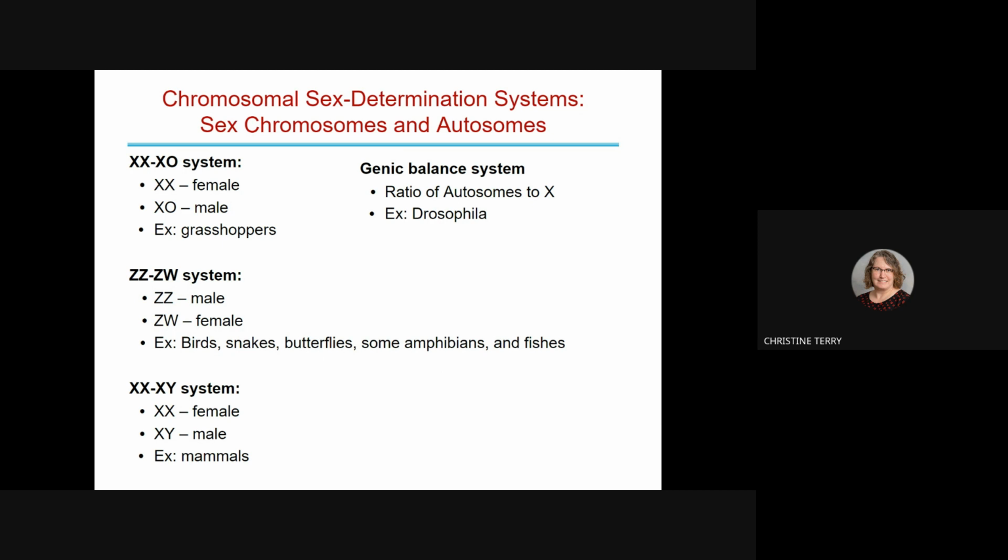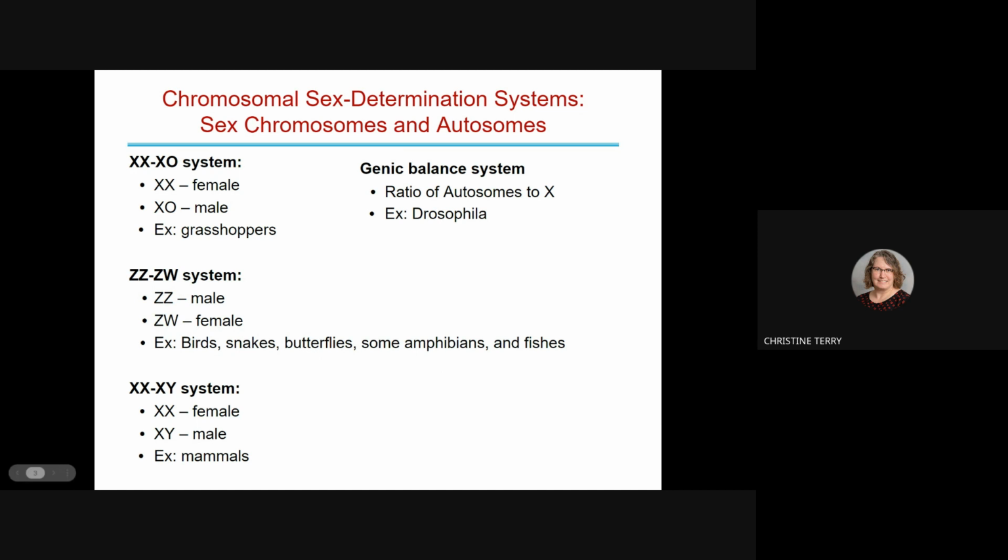Females have two X chromosomes, males have an X and a Y, but it's the ratio of the X's to the autosomes. Females have twice as many X's compared to the autosomes as males do. They found if you get rid of the other sex chromosome, it doesn't make a difference.